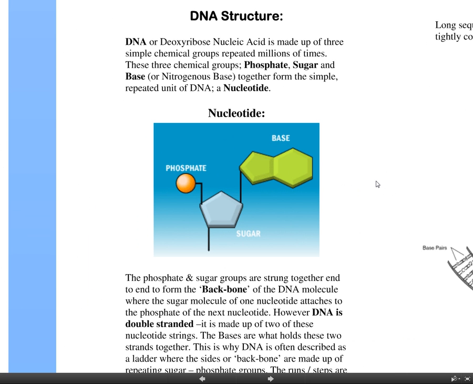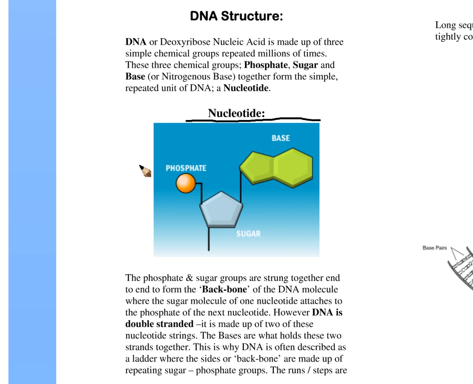So DNA structure. DNA, see here I've got the older version, deoxyribose nucleic acid, is made up of 3 simple chemical units that are repeated millions of times. And that's called a nucleotide. So DNA is basically made out of nucleotides. Now, a nucleotide itself is actually made up of 3 chemical groups.